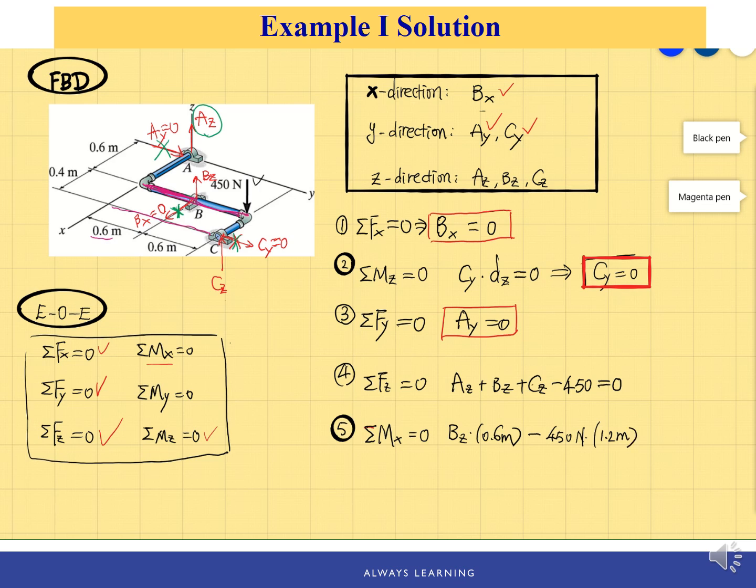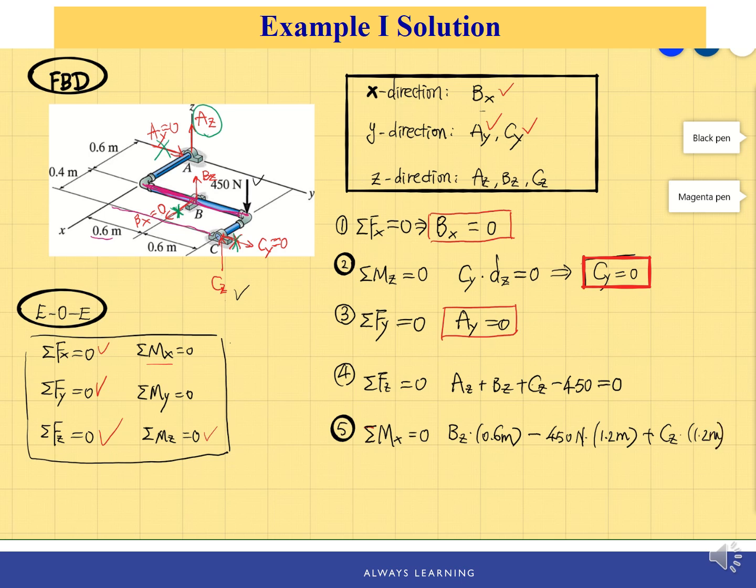And next, we will have CZ, because CZ also has a moment about the x-axis. CZ is pointing up, then the moment is pointing to the positive x direction, and the moment arm is 1.2 meter.